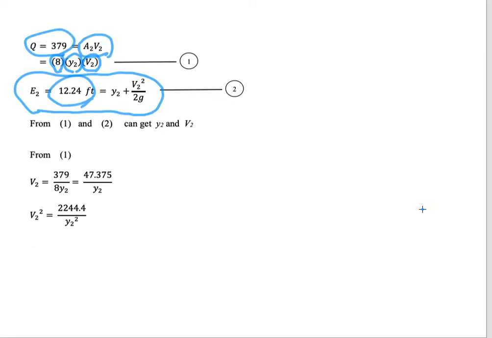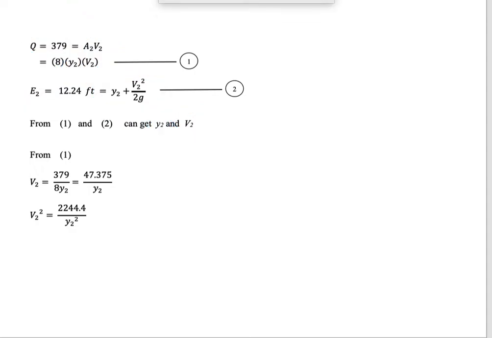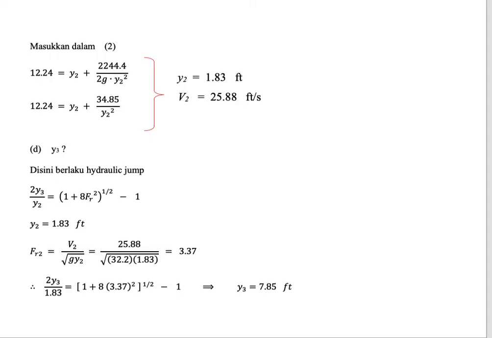If we do this, we have two equations right now, and from these two equations we could calculate the value of V1, and we could get the value of Y2 and V2. If we calculate both, we get Y2 equal to 1.83 feet, and the velocity at point 2 is 25.88 feet per second.